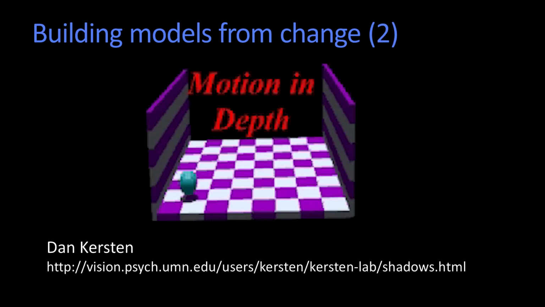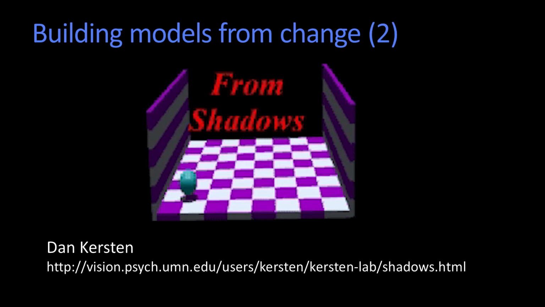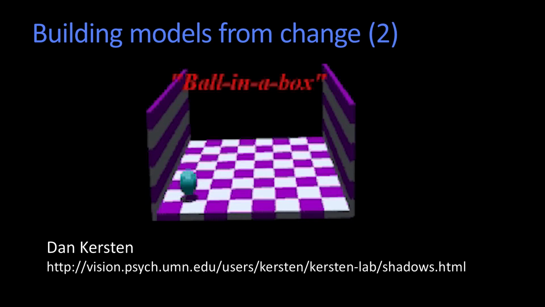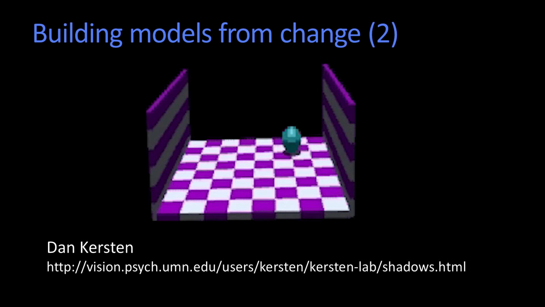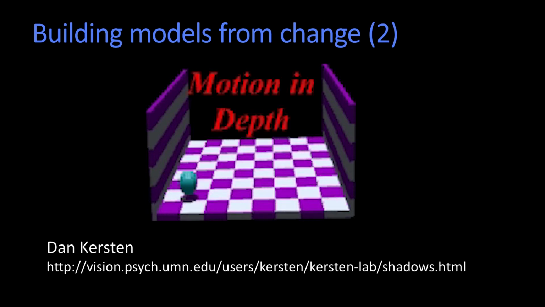So I'm going to show you a video now from Dan Kersten that shows you that perception is an active construction on the part of your head. Here, there's going to be this ball rolling back and forth, okay? The ball is going to do the same thing, but the shadows are going to do something different. Ready? Watch. Whoa. Okay? So let's do that again.